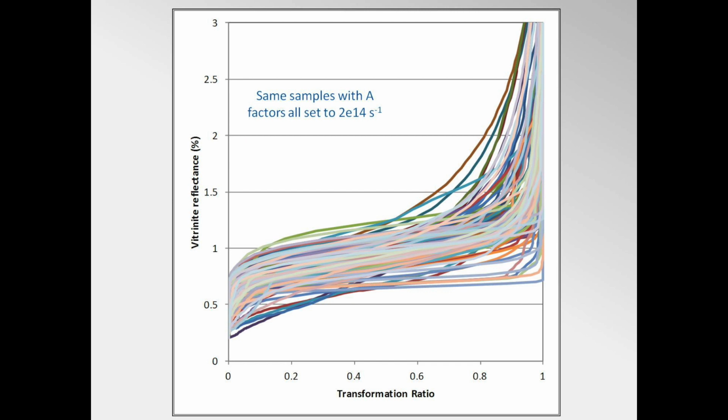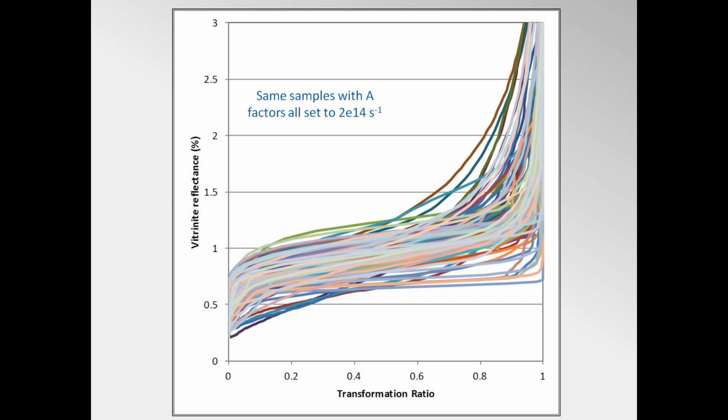Here we have plotted the calculated vitrinite reflectance and calculated transformation ratio for the same set of 250 kerogens, but this time we have converted the published kinetics into new kinetics using a single standard A factor of 2E14 and adjusting the activation energy distribution correspondingly when that change is made.